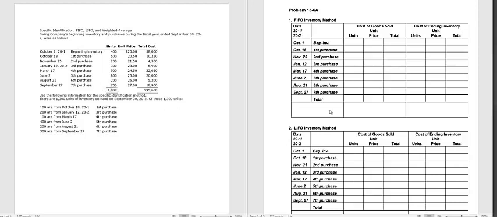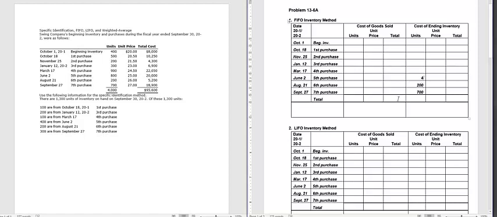Okay, so let's go over to the worksheet and put that in. We know we've got 1,300, and we know since it's first in, first out, it's the last 1,300. So of the seventh purchase, it's going to be all 700 of these units. Okay, and then 200 more from August 21st would give us 900 accounted for, so that means we need 400 more from this fifth purchase.